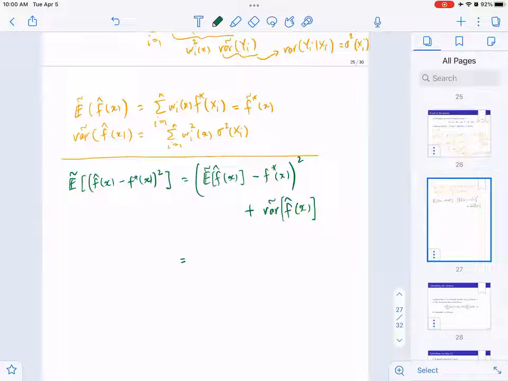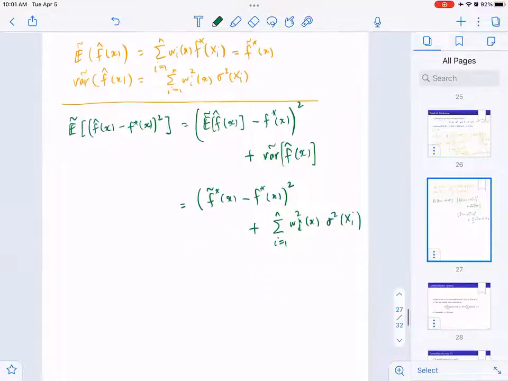It's basically adding and subtracting this expectation and noticing that the second term is the variance. The first term is just this, deterministic, and the cross term goes away. So the first thing that we calculated here is just f tilde star of x minus f star of x. That's our bias. And the variance we also calculated, plus summation i from 1 to n of w_i squared of x, sigma squared of x_i.